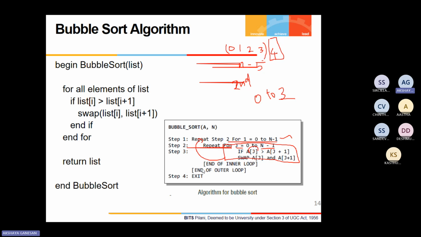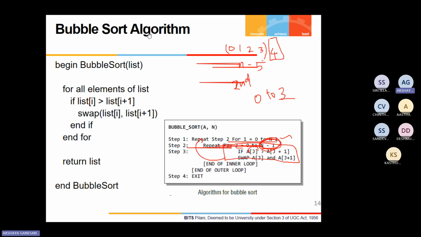So how can you solve this? How long should the second loop run? Instead of n minus 1, what should be the value of the second one? Any guesses?